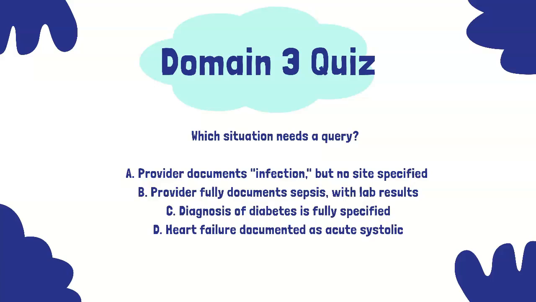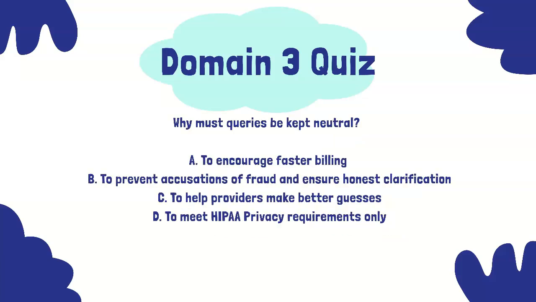The answer is A. The provider documents infection, but no site is specified. When the documentation says infection, but no site is specified, that is a reason to query per pages 5 and 6. And the very last question, why must queries be kept neutral?